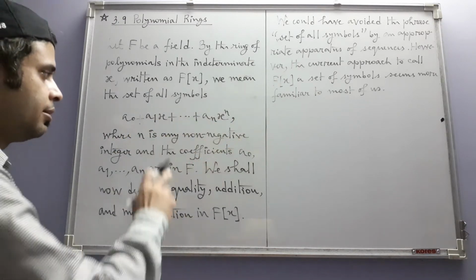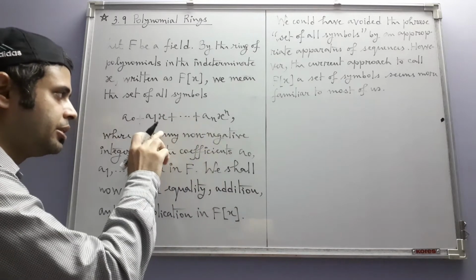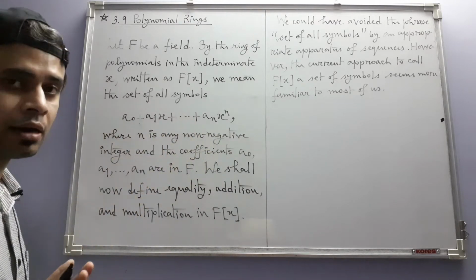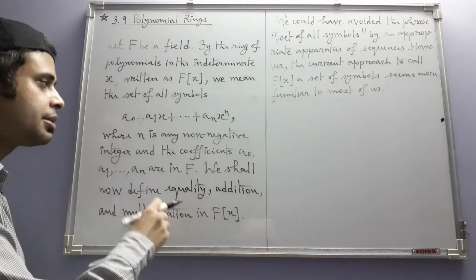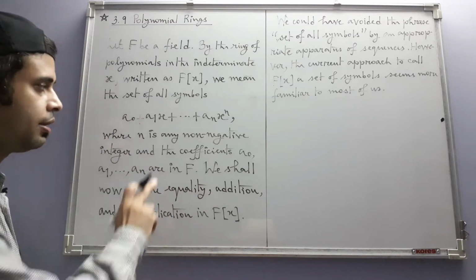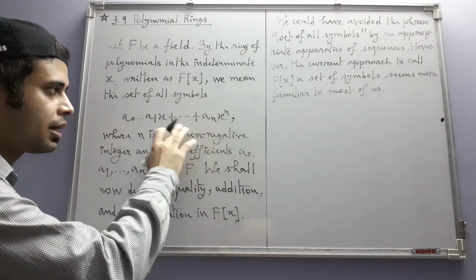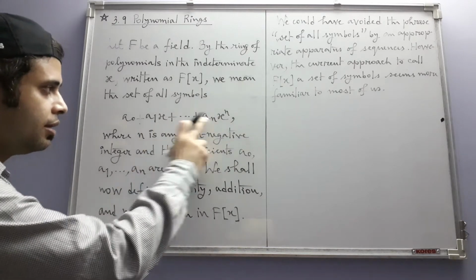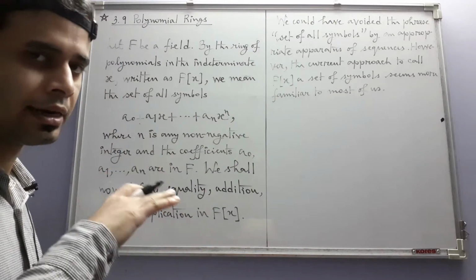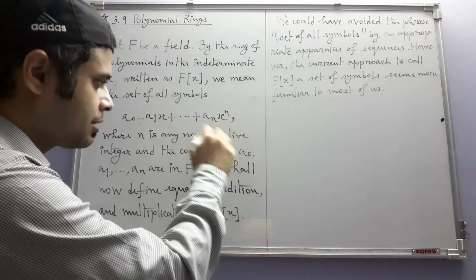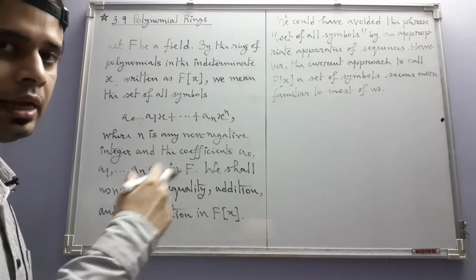Keep in mind that now in our interpretation, x is not a number, or in fact x is not a field element. X is actually nothing. X and its powers are placeholders. In fact, this x to the power n does not mean, at least for now, x times x times x, n times.